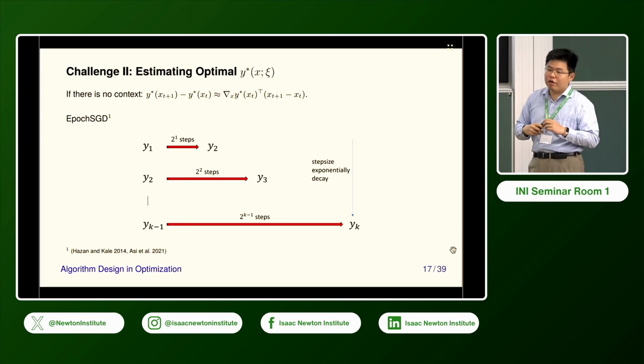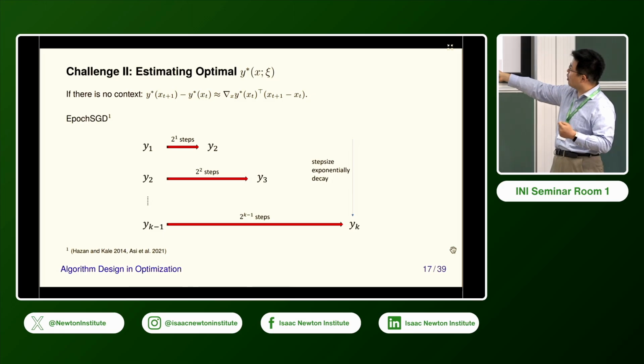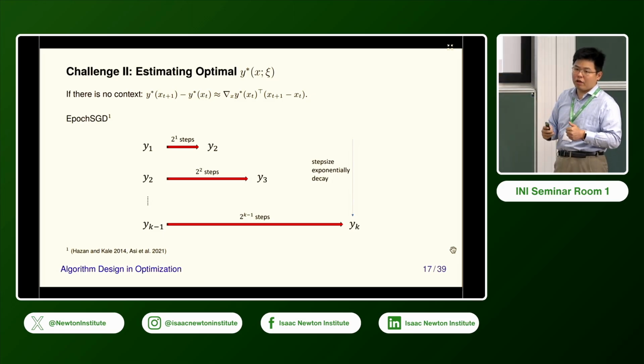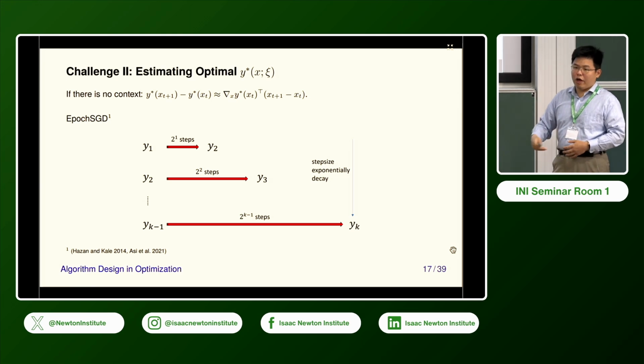Under some kind of regularity assumption, you can think about the best response of the follower, given a leader's decision, as having some kind of stability. Meaning that if the leader does not change its decision too much, the optimal response will not change too much as well. And that means if I have a good estimator of the best response at the current iterate, for the next iterate, I don't need to retrain from scratch.